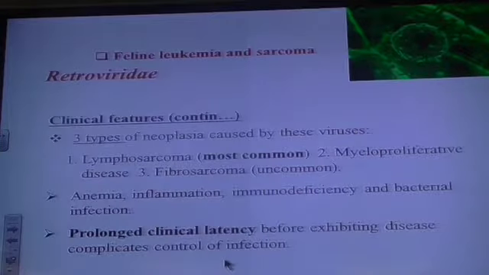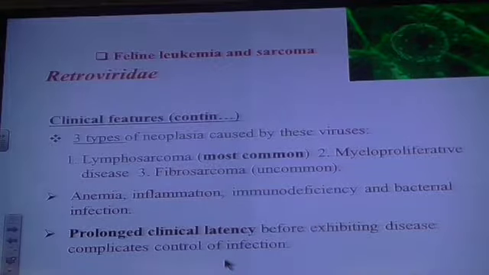Now we describe a number of cancers. We described one type, which is the lymphosarcoma. Lymphosarcoma is the most common cancer that you find associated with feline leukemia and sarcoma.